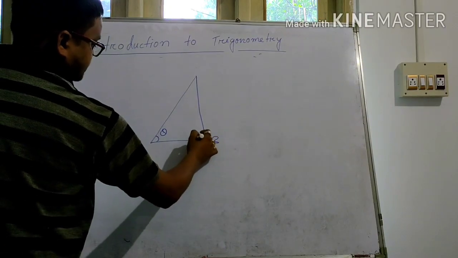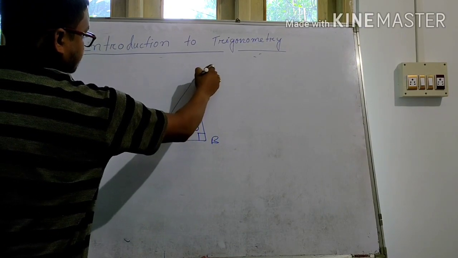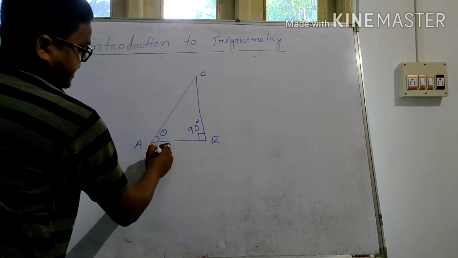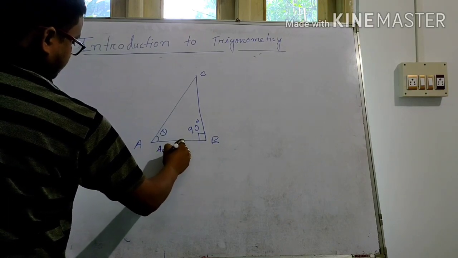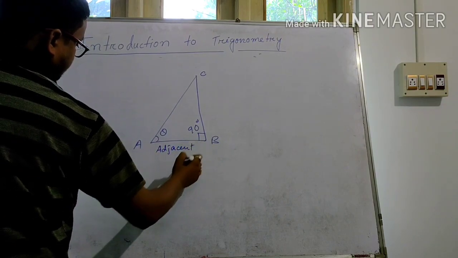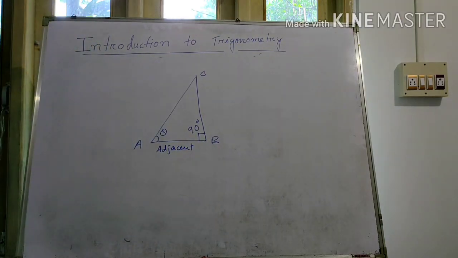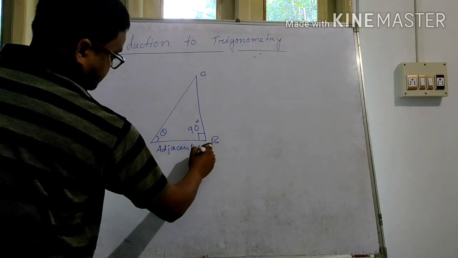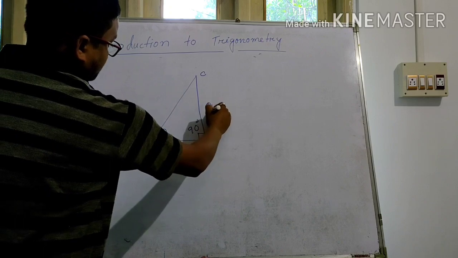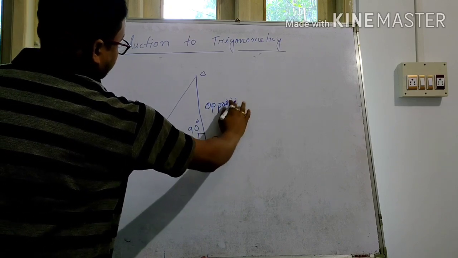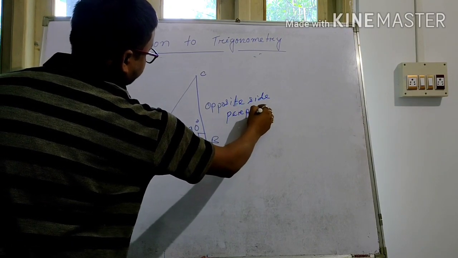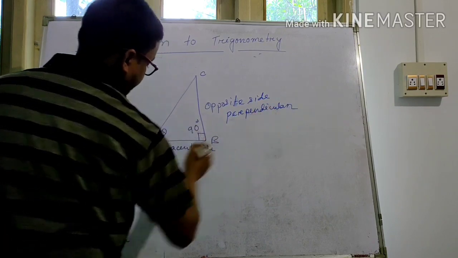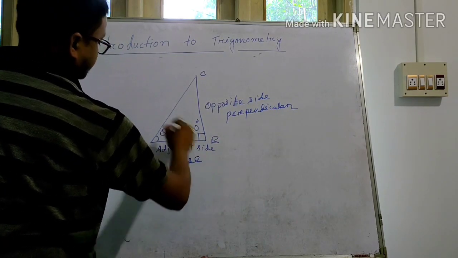A, B, this is 90 degrees, and this is C. So this is the adjacent side, and this is the opposite side, or perpendicular, and here it is the base, and this is the hypotenuse.